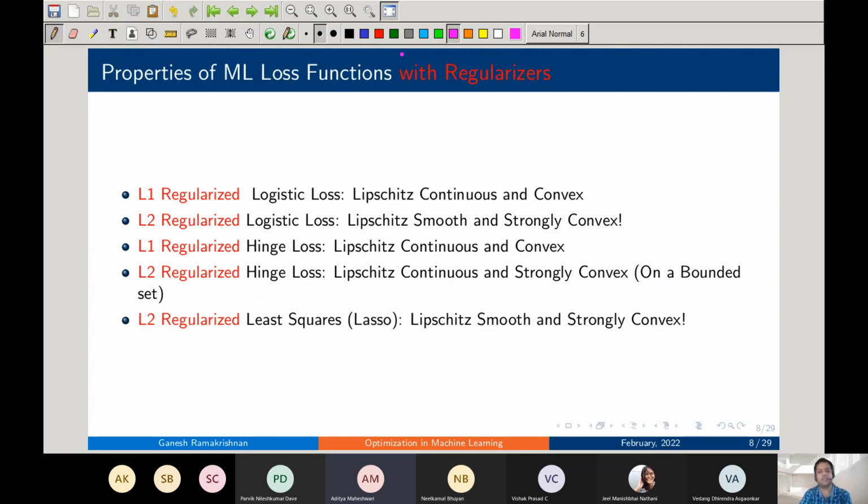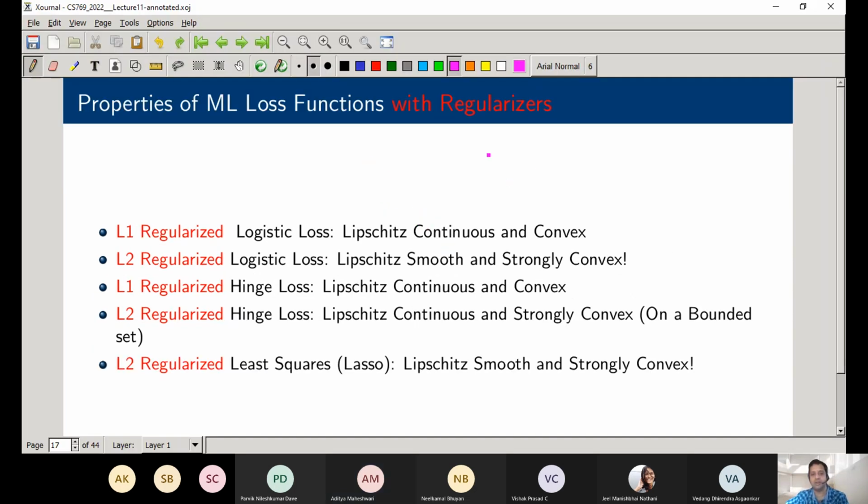L2 regularized least squares. Now this is Lipschitz smooth. Why? Because both the components have a quadratic form. This is one of the rare ones which has both properties: Lipschitz smoothness and strong convexity. And in general, Lipschitz continuity doesn't go well with strong convexity. That's another point I want to make.